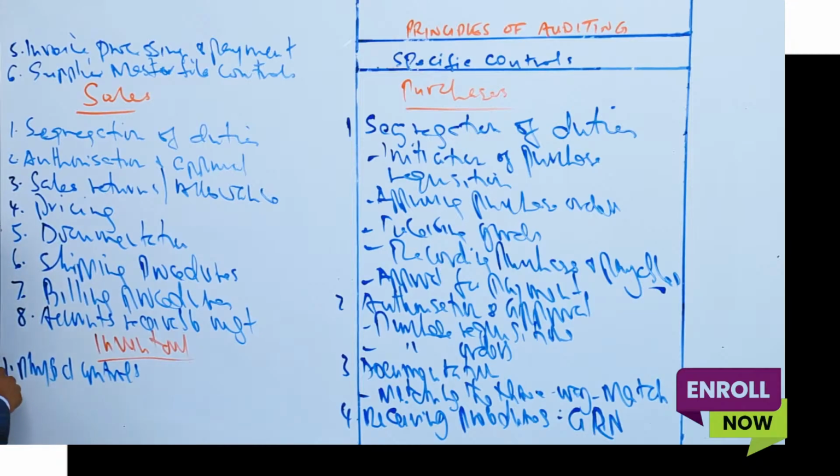Number 2, documentation and record keeping. There should be in place pre-numbered goods received notes for all incoming inventory. There should also be pre-numbered goods received notes or material requisition forms for all outgoing inventory.